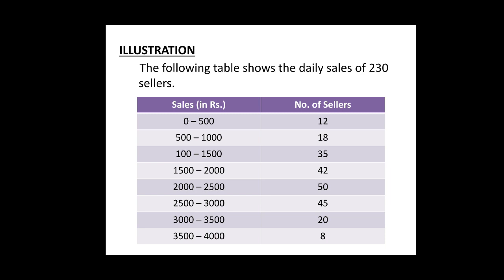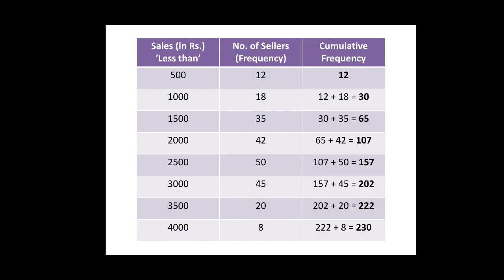Thus, we want to know the number of sellers whose daily sales are less than rupees 500, less than rupees 1000, less than rupees 1500 and so on, as shown in this table.